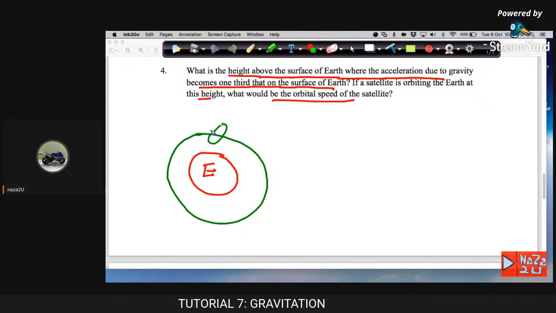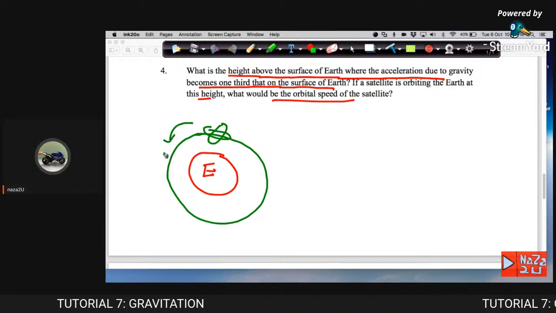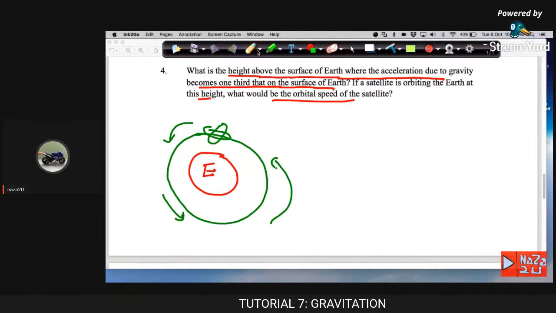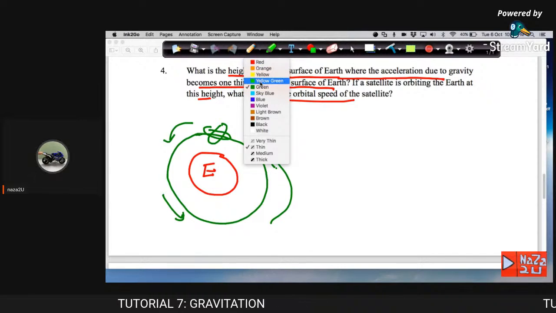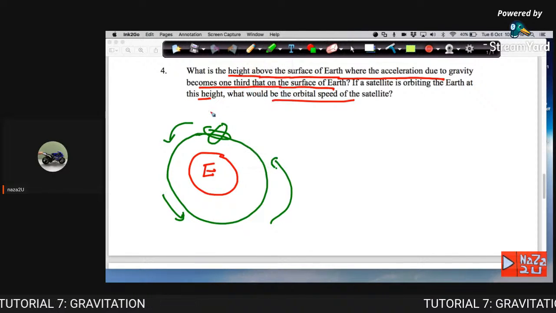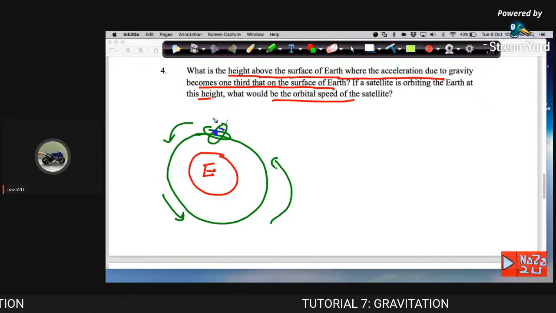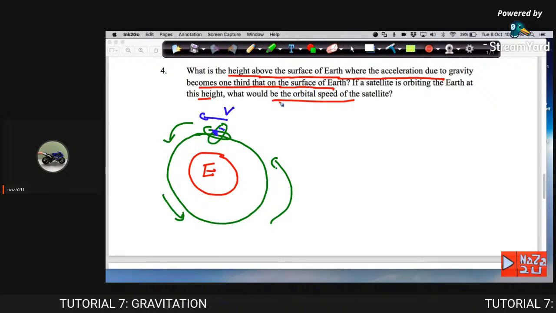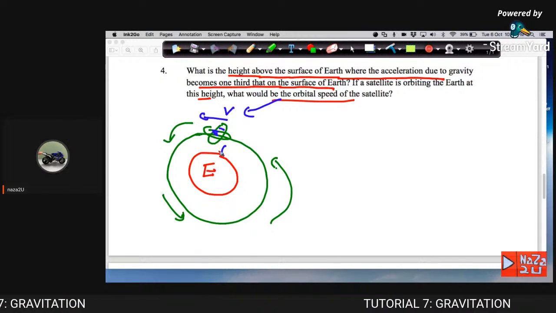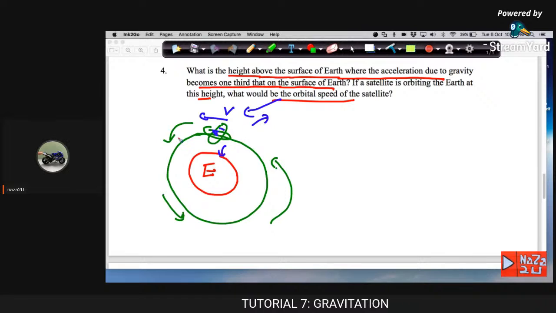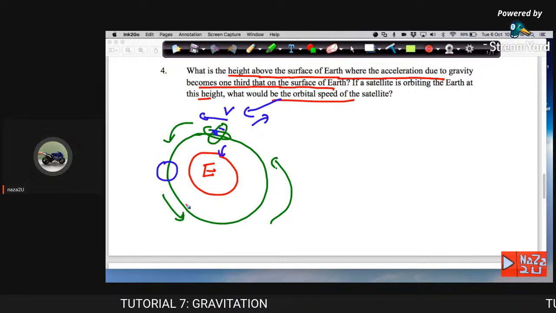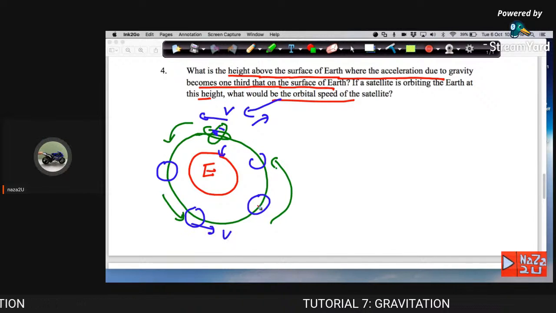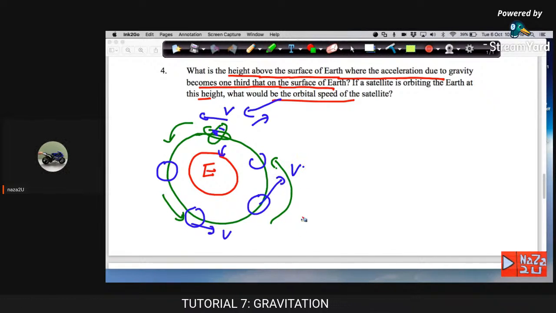So kita ada satellite bergerak dalam satu circular motion, and semestinya kita tahu satellite ini dia akan ada dia punya V ataupun kita panggil sebagai orbital speed. Supaya dia tidak jatuh ke bawah ataupun dia tidak keluar daripada orbit asal, dia perlu ada V. So sepanjang pergerakan ini dia akan ada dia punya V ataupun orbital speed dia, right?